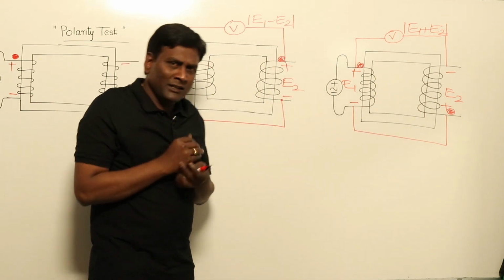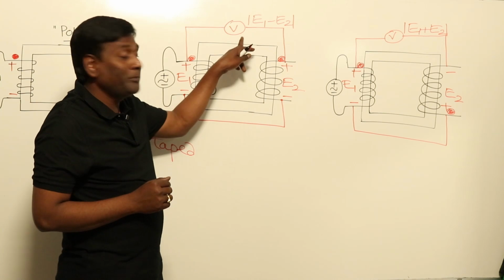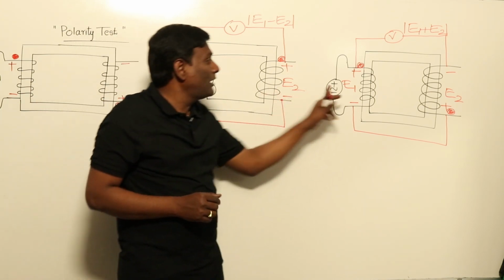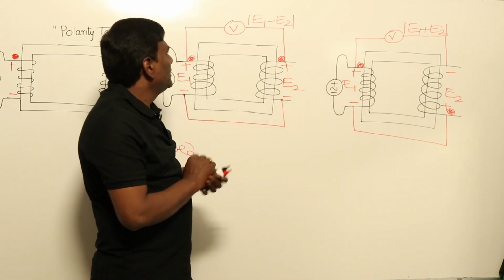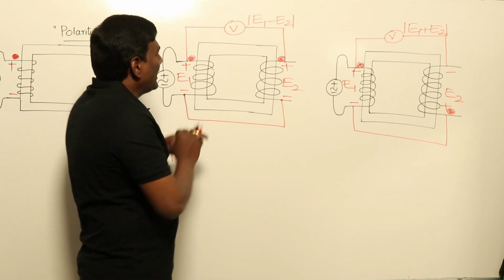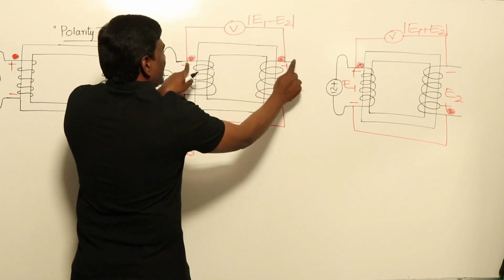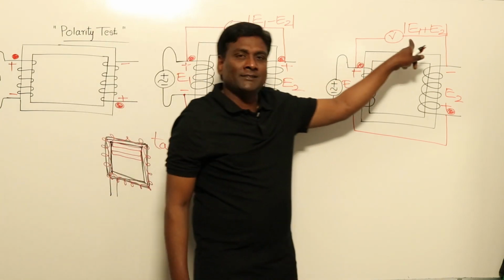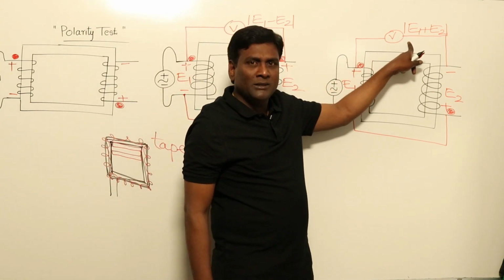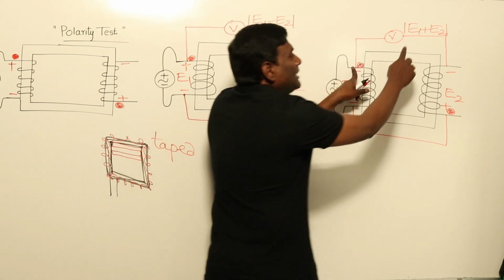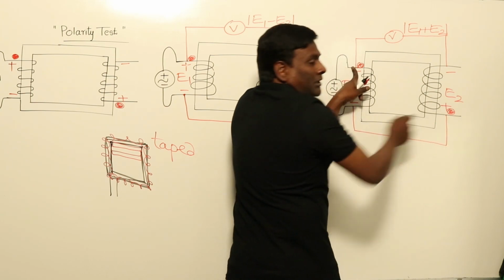Actually, prior to conducting the test, we don't know the voltmeter reading, but it can be either this or this. If the voltmeter reads this voltage minus this voltage, under that condition, across the voltmeter terminals, keep the dots. If your voltmeter reads E1 plus E2, under that condition, keep one dot at one voltmeter terminal and another dot at the other voltmeter terminal.